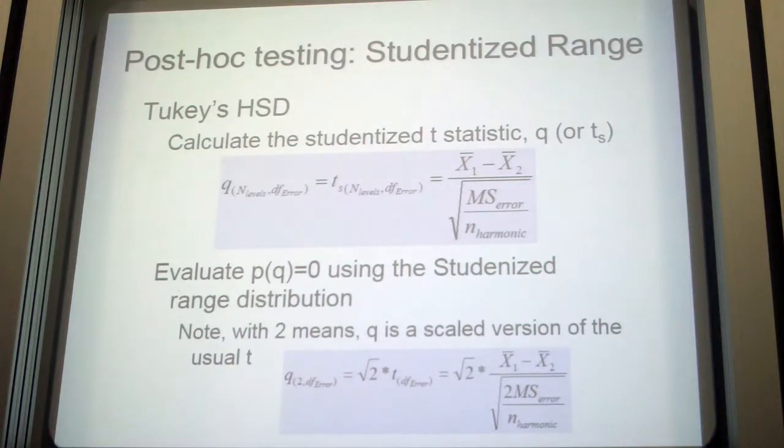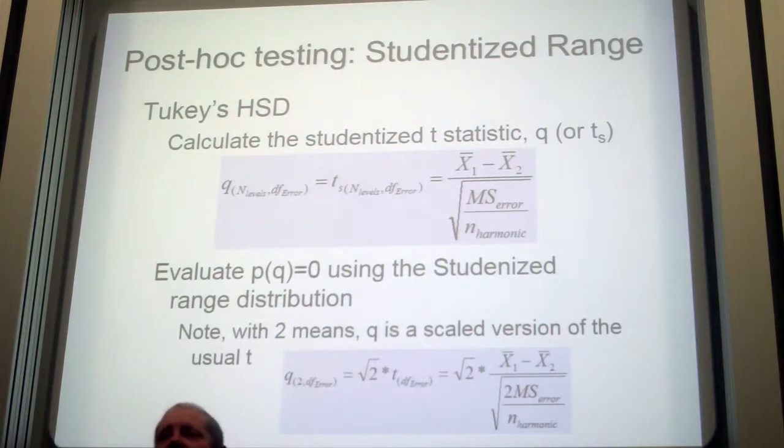We calculate essentially the studentized t statistic, which is often called Q. You might see it as TS, meaning it's using standardized values for the number of samples that you've drawn. You'll see that its formula looks remarkably similar to the t value, which it is indeed, but now you have a pair of degrees of freedom.